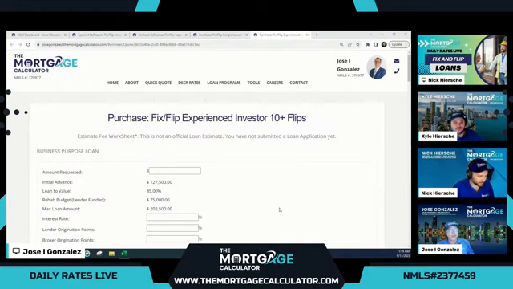So, what we usually recommend the fix and flipper to do in this scenario is to find a partner to do the deal as a joint venture so that you can use that partner's experience level. They do not go with the lower level of experience of the two, they go with the higher level of experience of the two. So you could have just one person as a borrower, but two people as the guarantor, for example, if you need to capitalize only on your joint venture partner's experience.